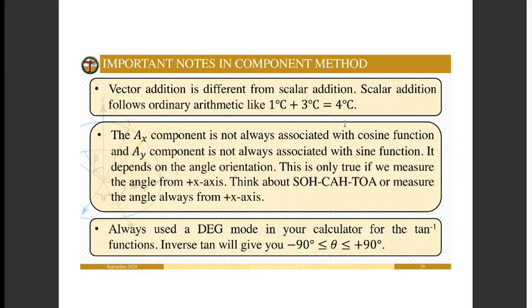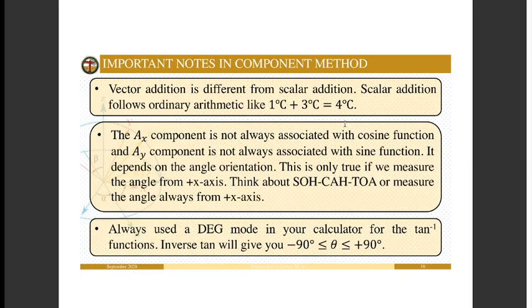Now, the third note, a reminder in using the component method: always use deg mode in your calculator. Deg is degree mode, for the inverse tangent function. If you have rad, there is a possibility that your answer is wrong.